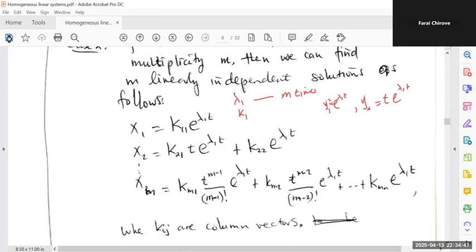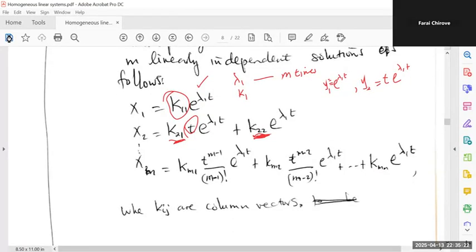So let's say associated with lambda 1, we have K11. It's just re-indexing for the sake of generalizing, but it could be K1 as usual. So the second one would be a linear combination of a vector K22 and K21, but now you multiply by t to induce linear independence.